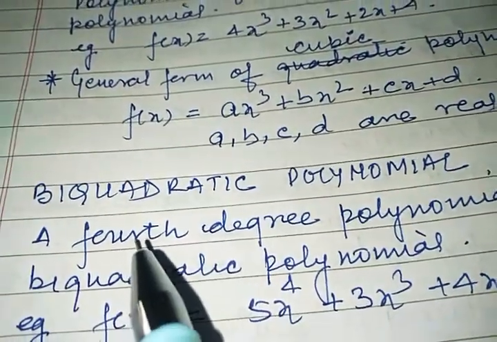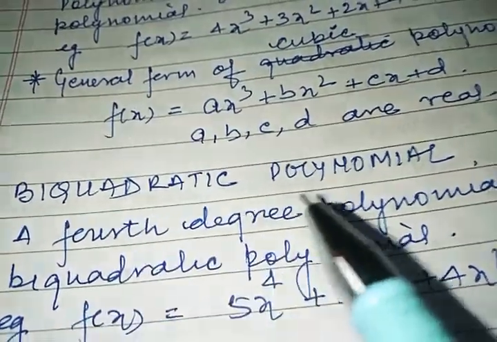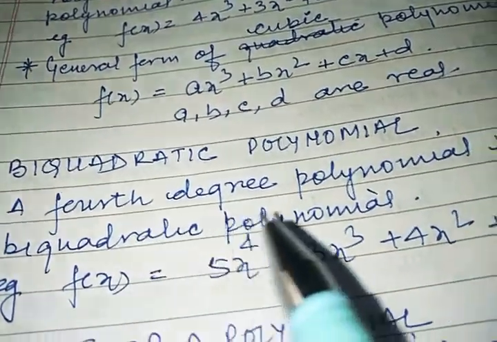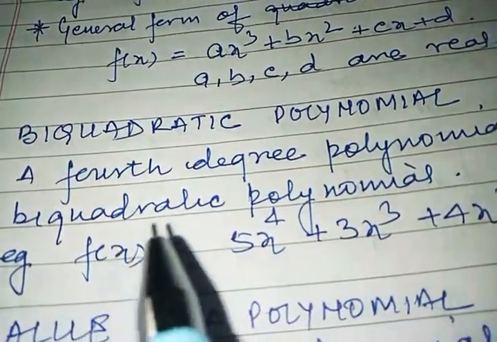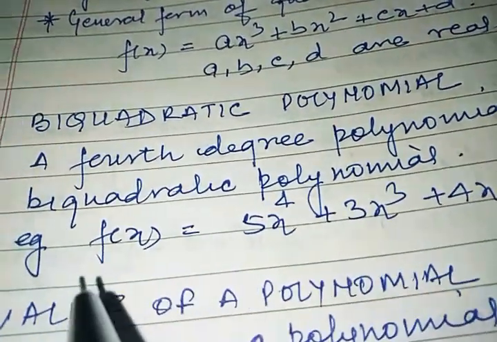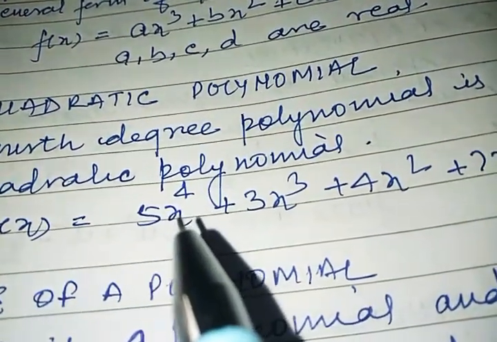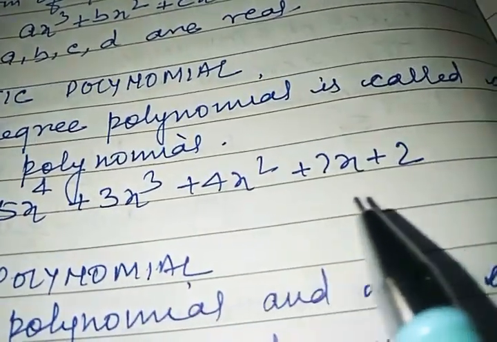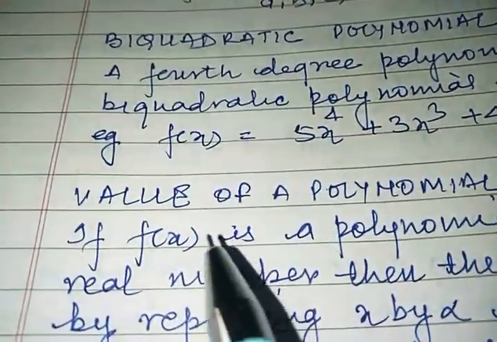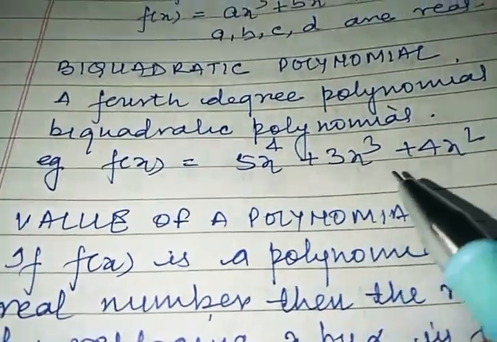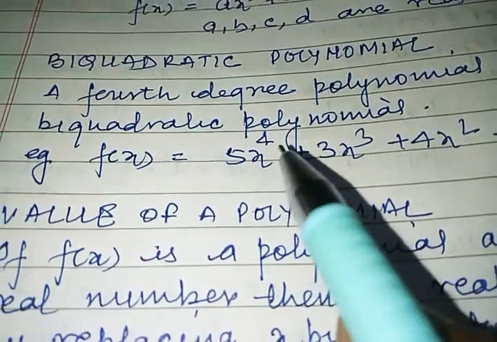Then biquadratic. Biquadratic means 4. A fourth degree polynomial is called a biquadratic polynomial. Here, for example, f(x) = 5x^4 + 3x^3 + 4x^2 + 7x + 2. So this is a biquadratic polynomial of fourth degree.